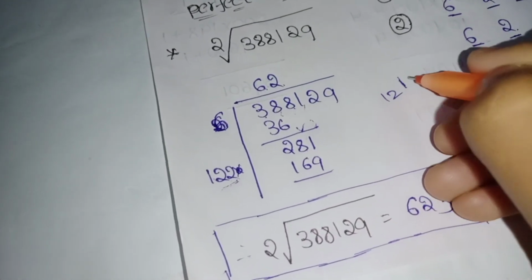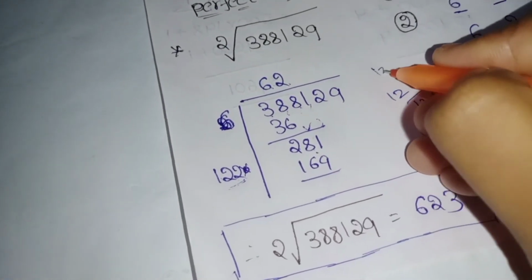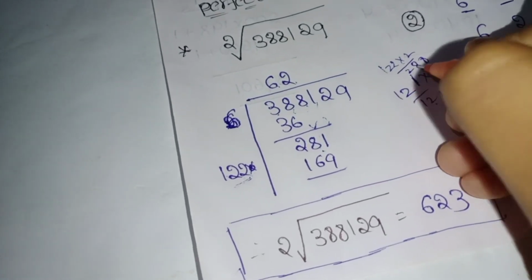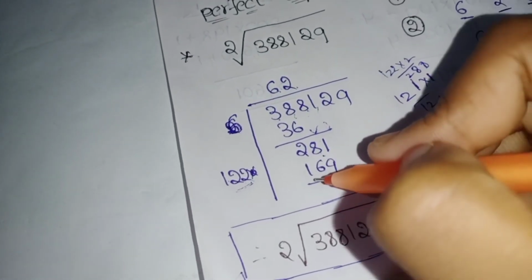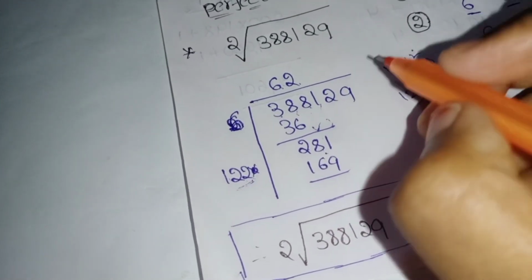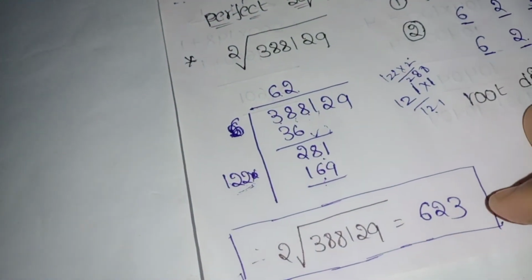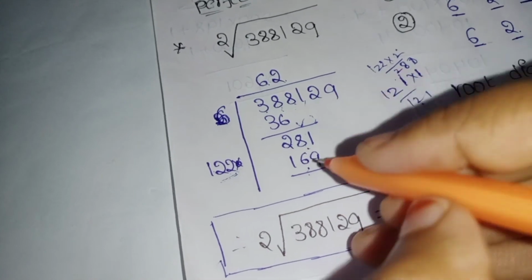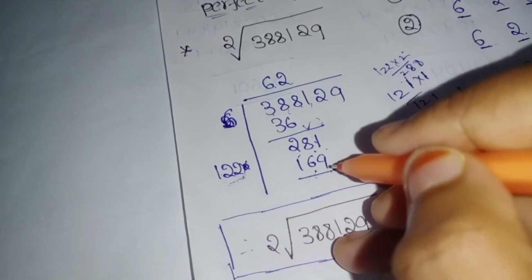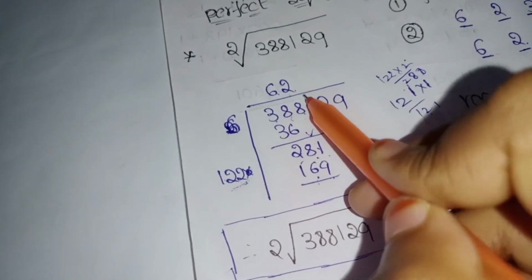If I put 1 and multiply, 121. Is 121 near 281? No. Try 122 times 2, that is 244. Then 2 times 2 gives 244, near 281. So I am having 62.